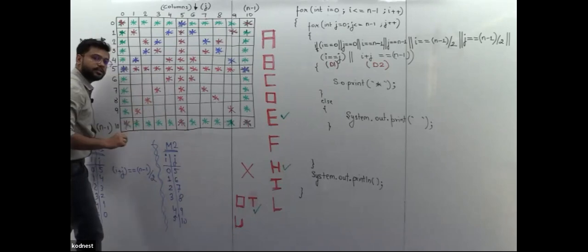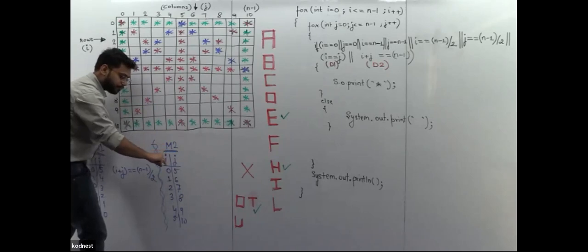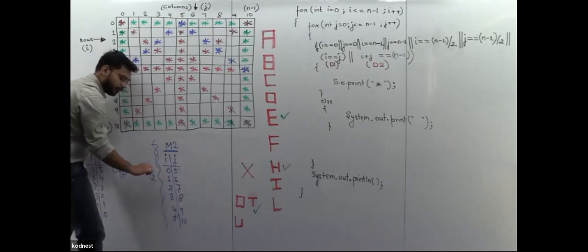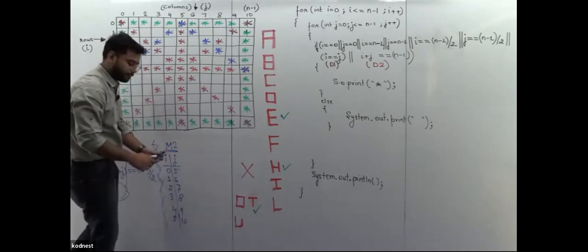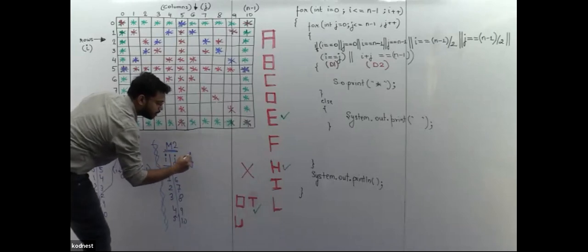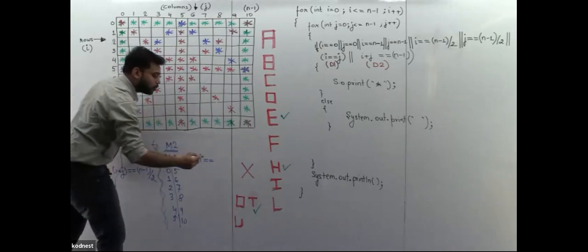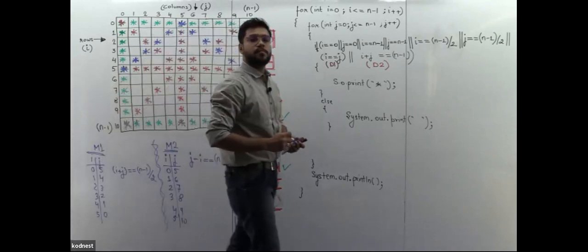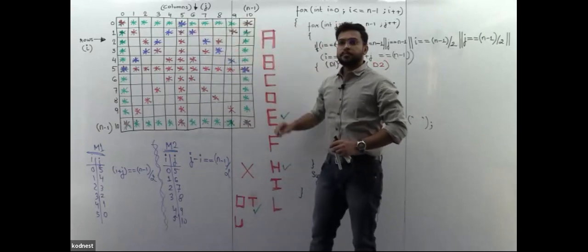No, it is coming negative. Reverse it: 5 minus 0 is 5. 6 minus 1 is 5. 7 minus 2 is 5. 8 minus 3 is 5. 9 minus 4 is 5. 10 minus 5 is 5. It means j minus i is always equal to 5. How to get 5? (n minus 1) divided by 2. This will be the condition for this particular diagonal.